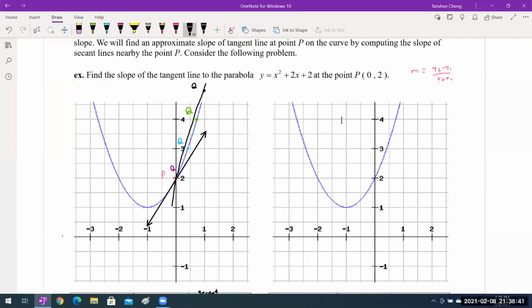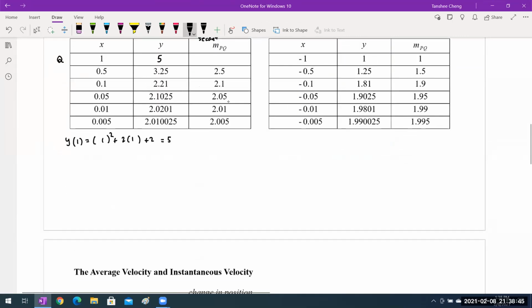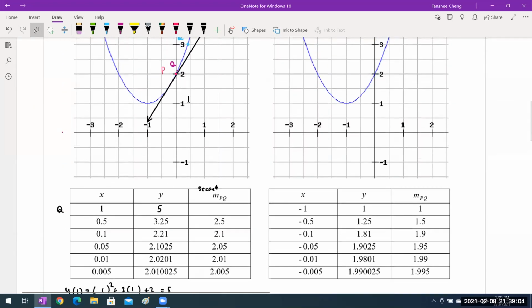What is the slope? To find the slope of PQ, it is y2 minus y1 over x2 minus x1. The y coordinate of my point Q is 5, and the y coordinate of P is 2.